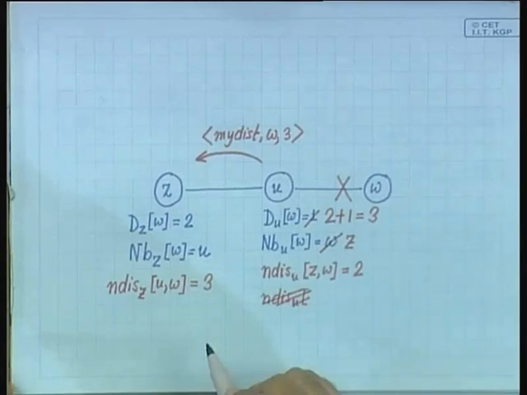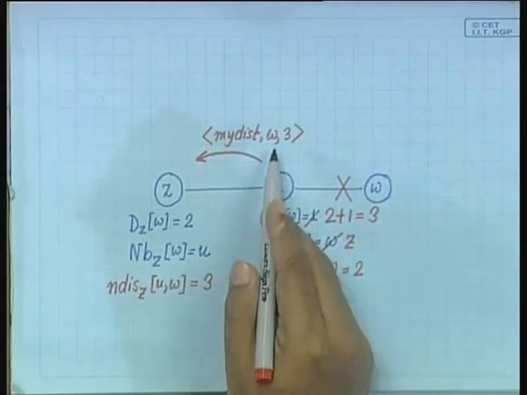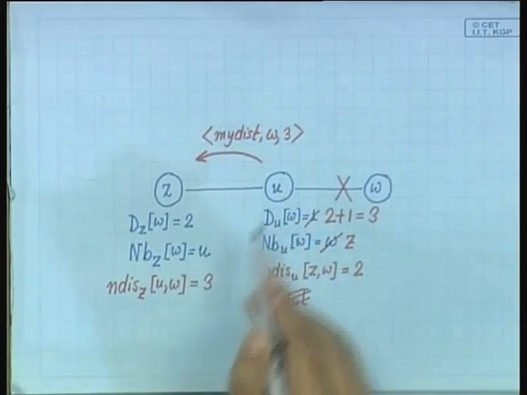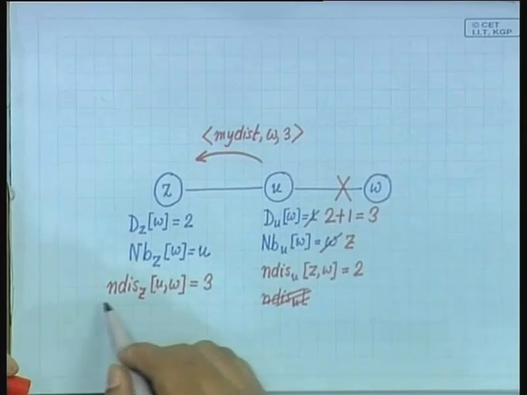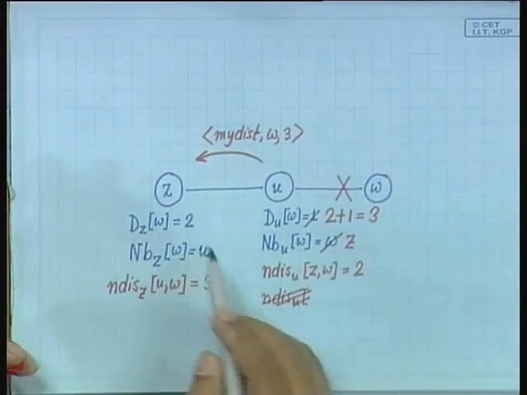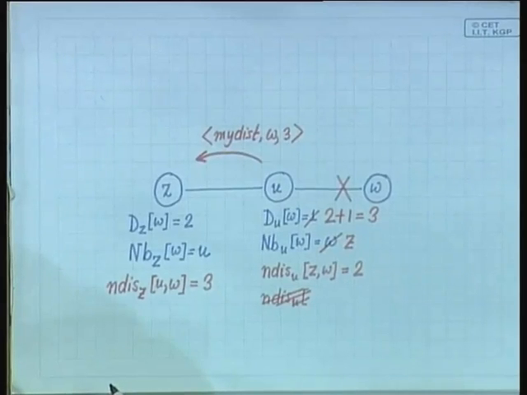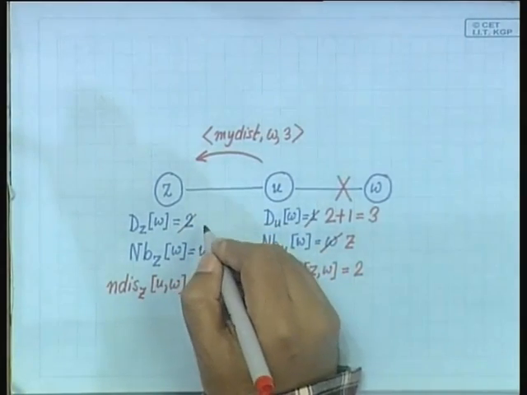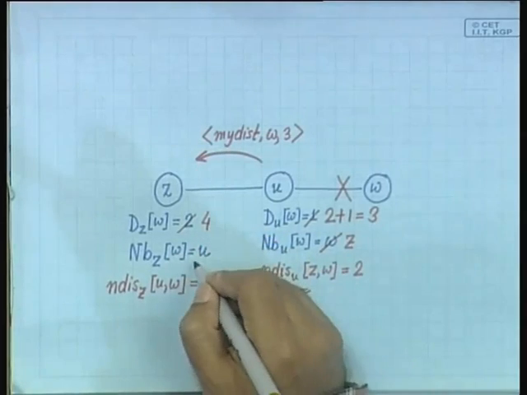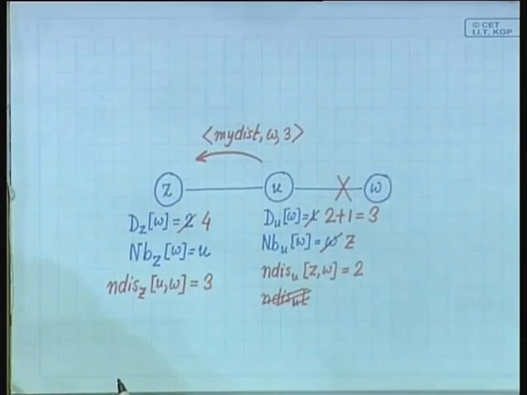Previously this was 1, now it will be updated to 3 because U is now telling that its distance to W has become 3, right. What will Z now do? It will again do a recompute W. What will the recompute W do? Set this to 3 plus 1, 4, and it will set this to U only, right, because it does not have any other neighbor.